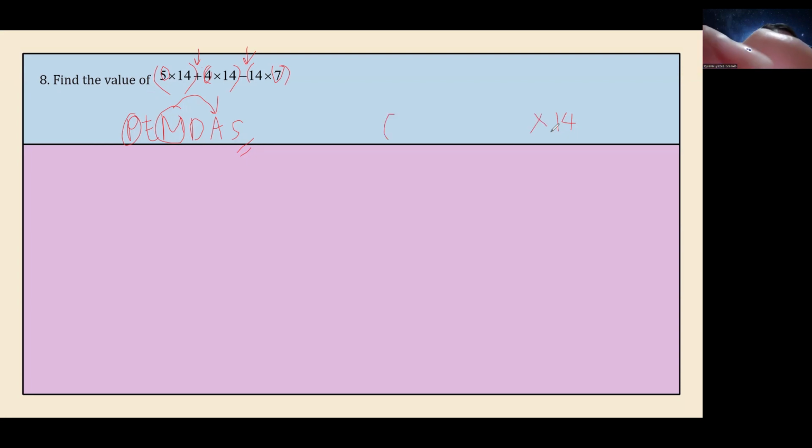You can have 5, copy the operations, plus 4 and then minus 7. Okay. So they are in a parenthesis, so we will have to do them first. The operations: 5 plus 4 minus 7, times 14.